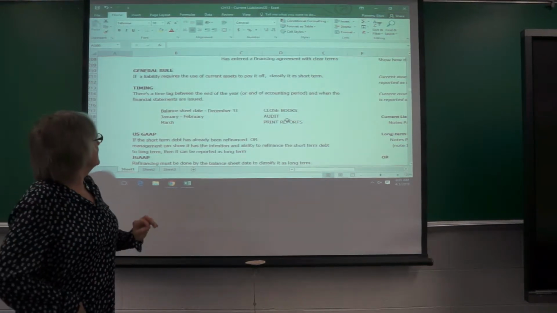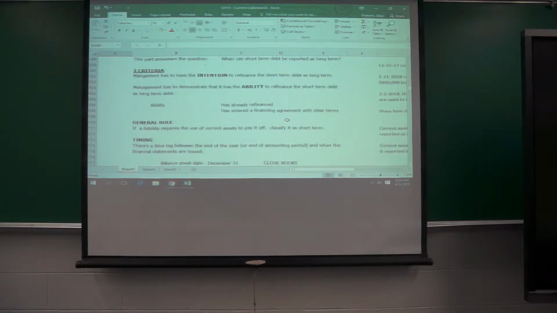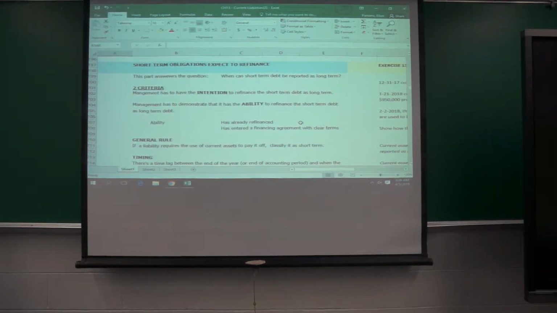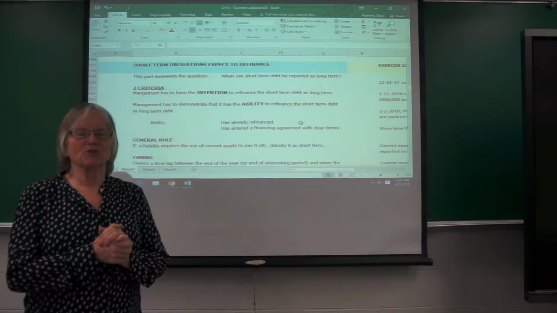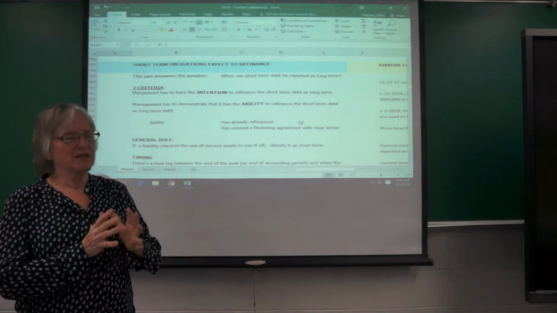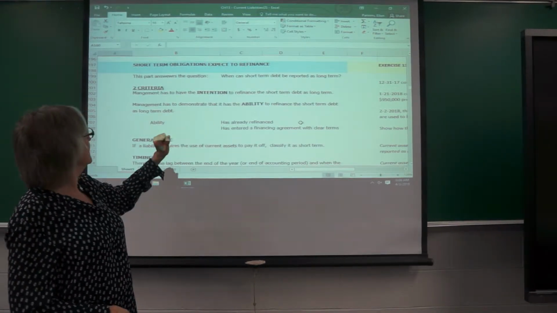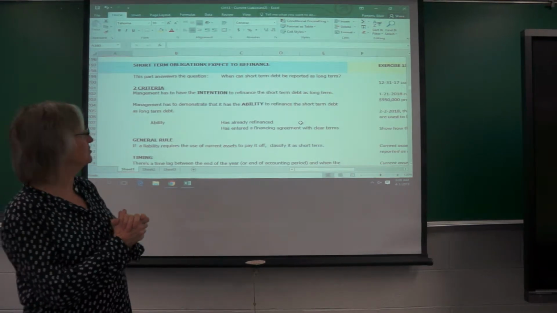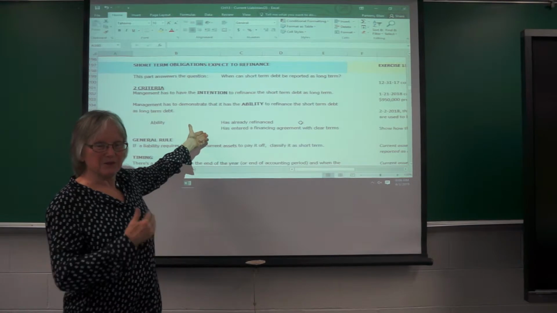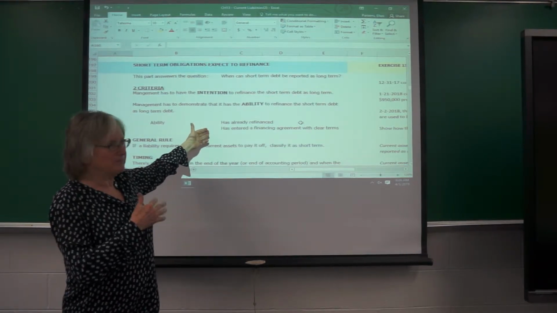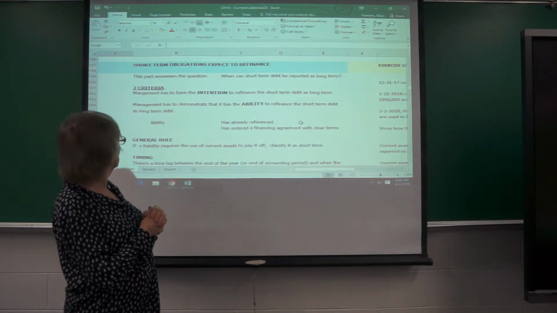If you have short-term obligations that you expect to refinance long-term, then you can actually classify them as long-term on those financial statements if management has the intention to refinance short-term debt as long-term and they have the ability to do so. Ability means it's already been refinanced by the balance sheet date, or they've entered into a financing agreement with clear terms.